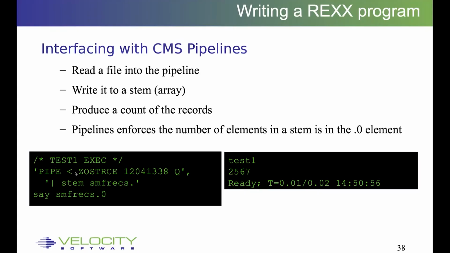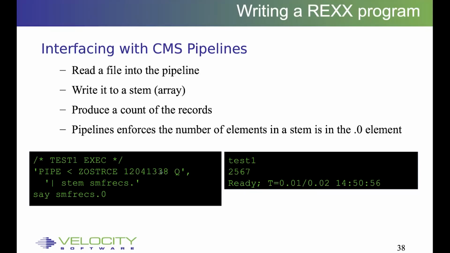We're going to use the read pipe file read symbol, in this case a less than sign, to read this file. So this ZOS trace something something something on the Q disk, and the file contents are going to go into this stem called SMF records.